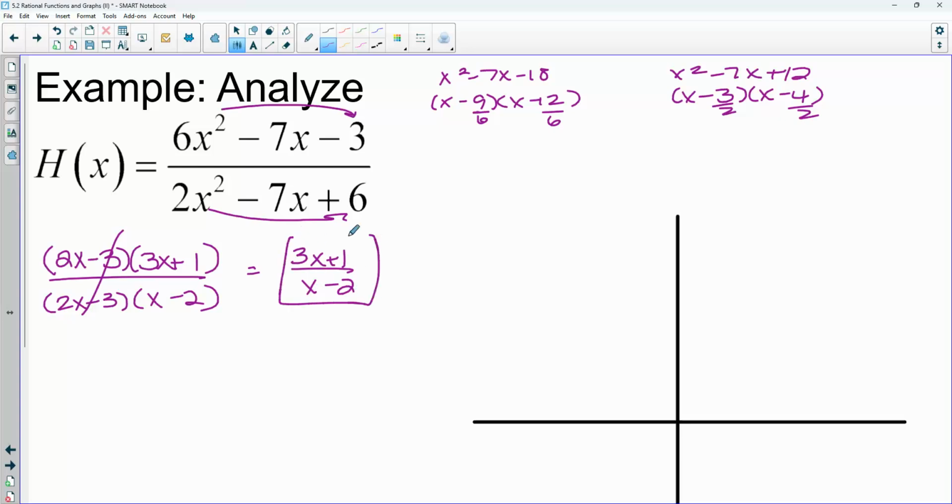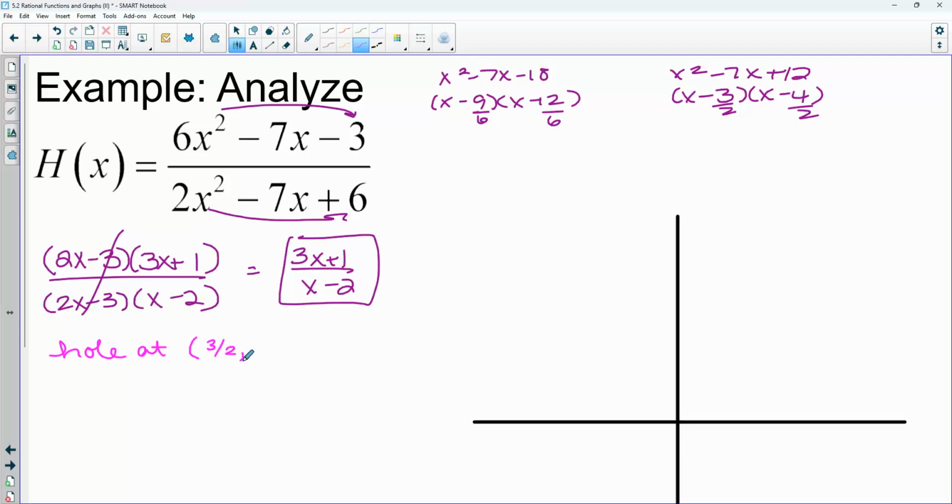This is what we're going to use for our graph, but when something cancels, we know there is a hole in the graph. All right, x value, how do you get that? The thing that canceled, 2x minus 3 equal to 0, and we get 3 halves. How do we get our y?